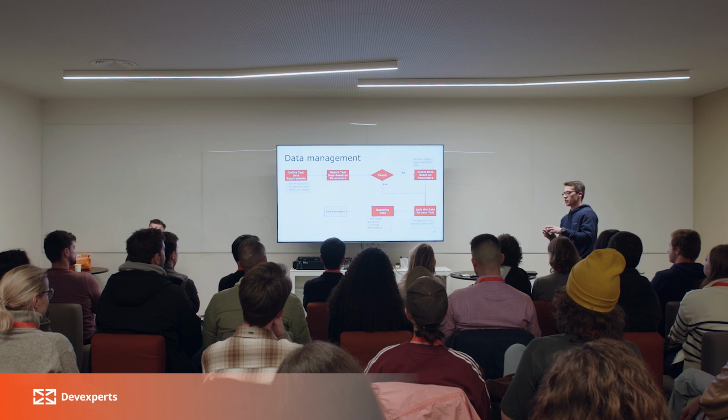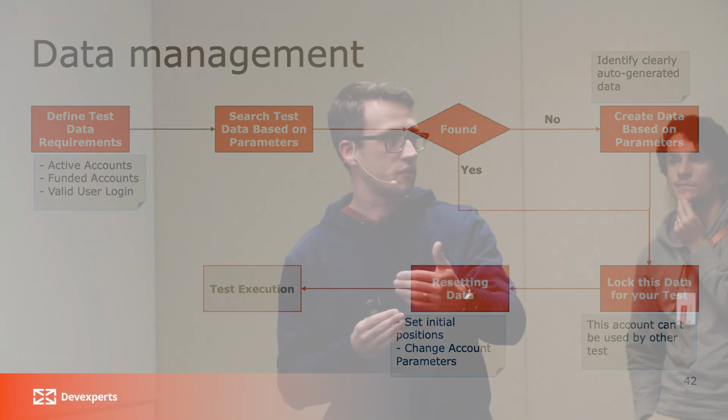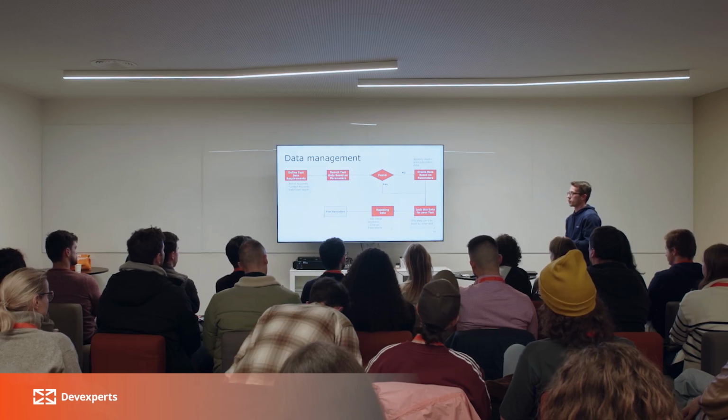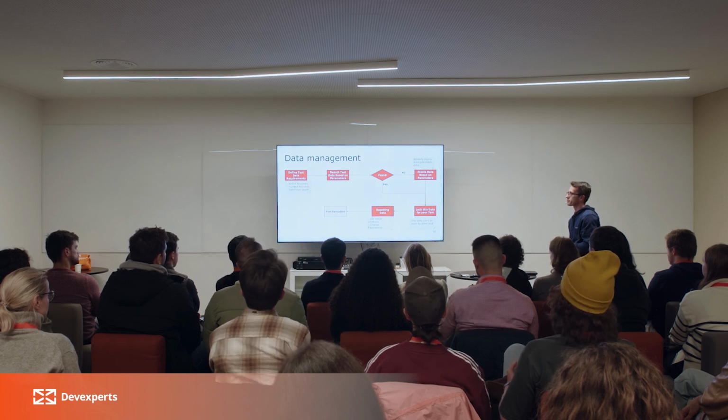And once we have this data locked by us, then we reset the data just to be ready for that test itself. So for example, for accounts, we can set initial positions, or we can change some parameters. Here we are just preparing the data before the test starts.